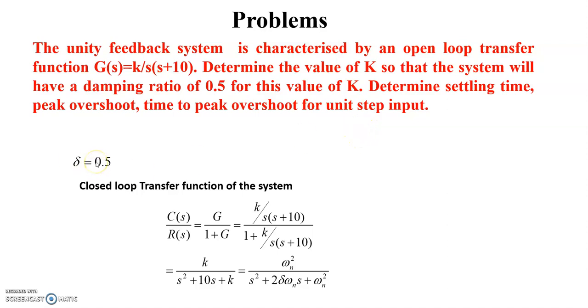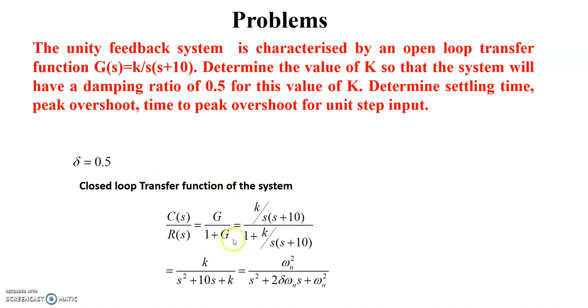So the given data is G of s, the open loop transfer function, and the damping ratio. Unity feedback is also presented, so you first find the closed loop transfer function C of s by R of s.